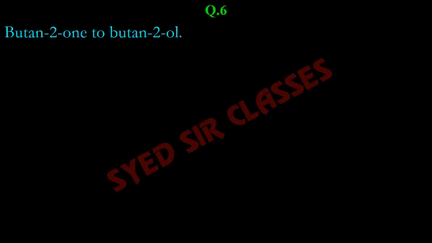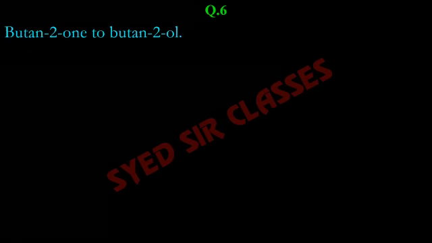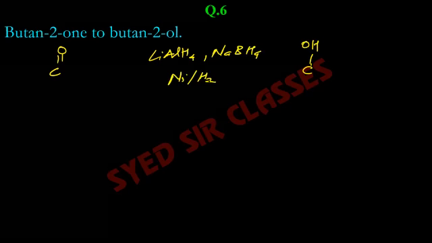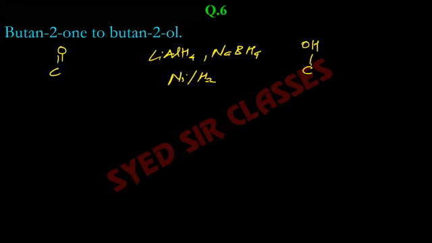Now butan-2-one to butan-2-ol. This one is very easy. I have already told you, if you don't need to change the number of carbon atoms, it is simply C=O group to CHOH group. You can use anything, lithium aluminum hydride, or NaBH4, or nickel H2, whatever you like.